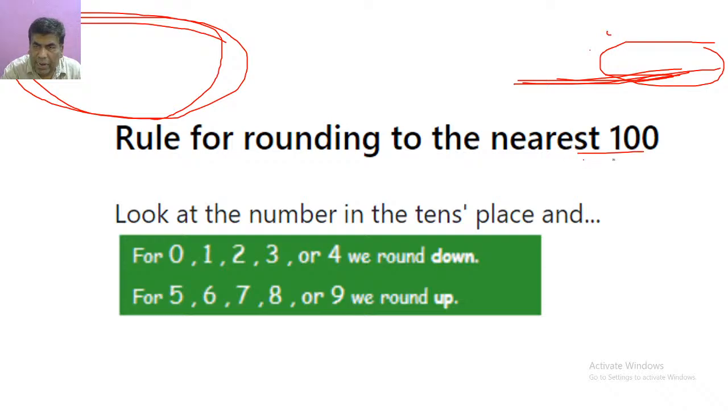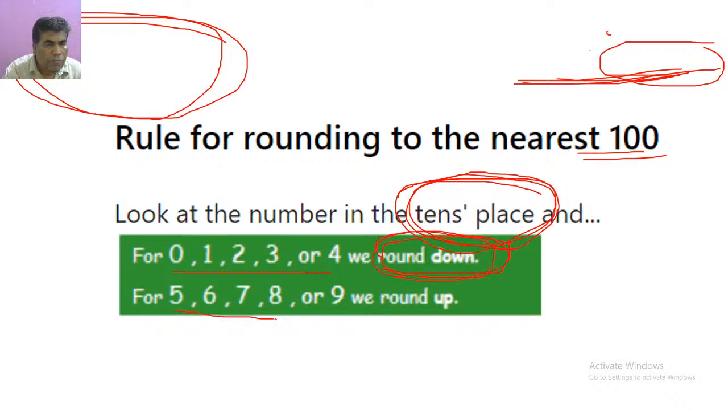For the nearest 100 also, the same rule applies, but here we have to see the tens place. If in the tens place we have 0, 1, 2, 3, 4, then we have to round it down.